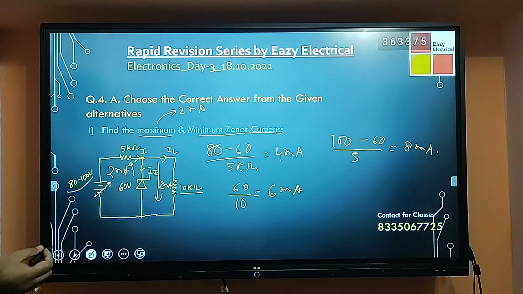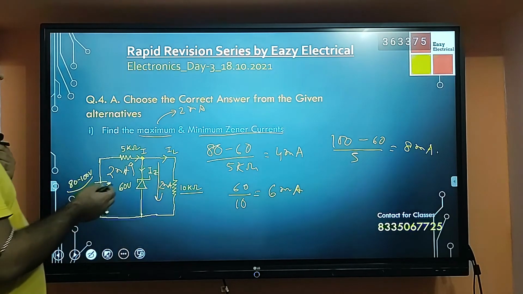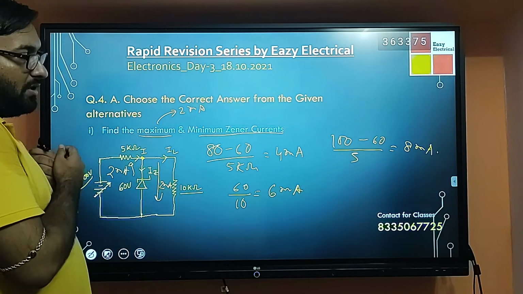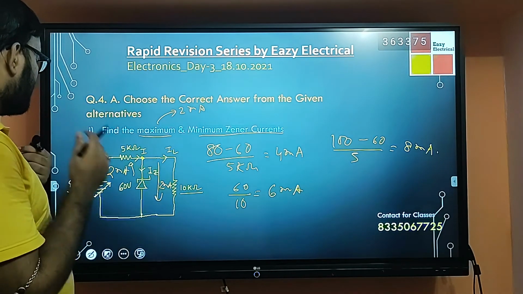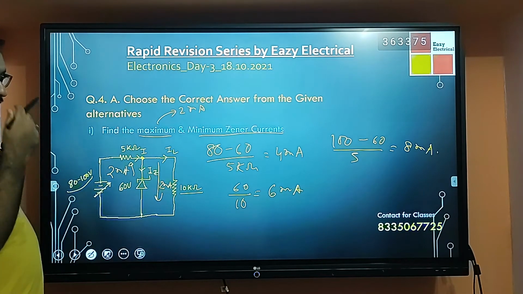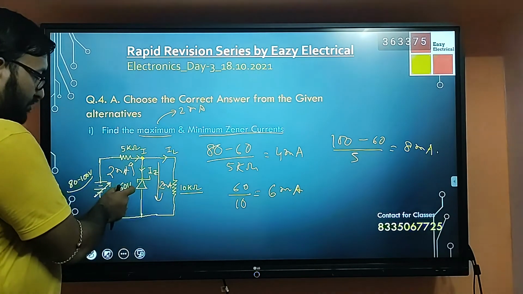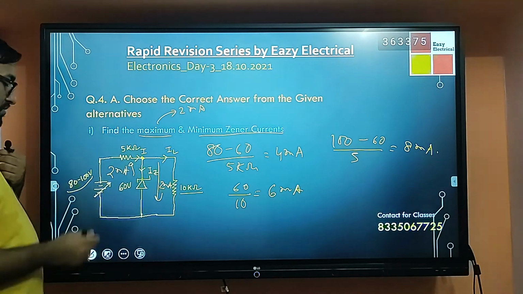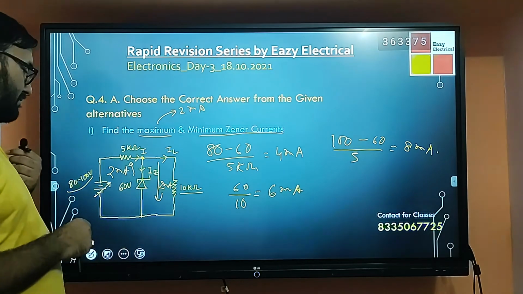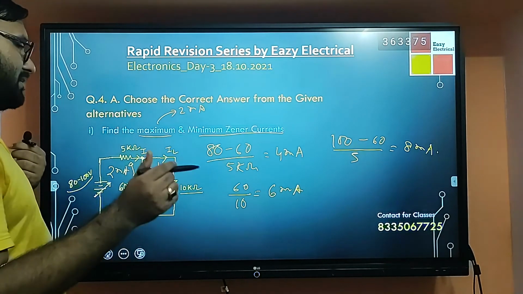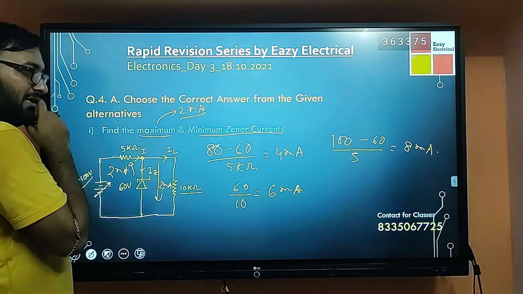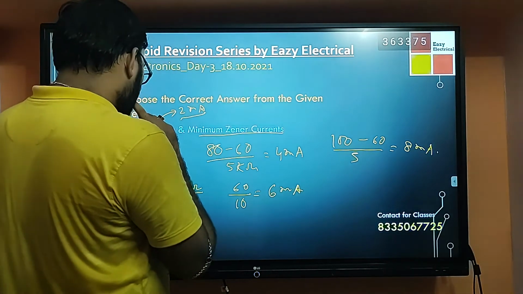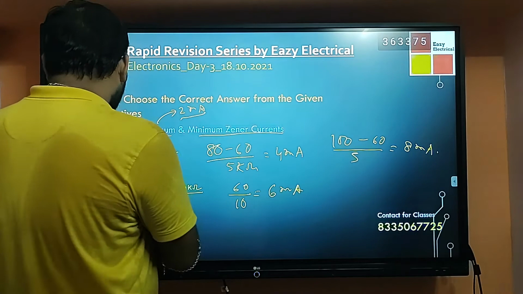But the minimum Zener current will be in the opposite direction. I think I must have taken certain data which should be less than this. I just modulated the data sometimes, but that is not an issue. So maximum 2 milliampere current will flow, and the minimum current will not be this value. We need to change the value.